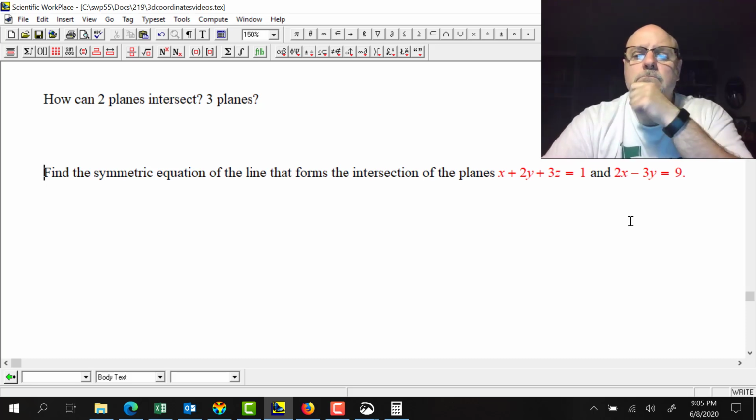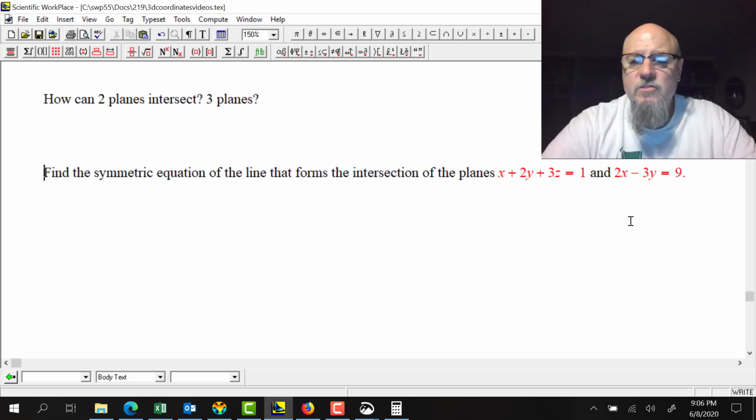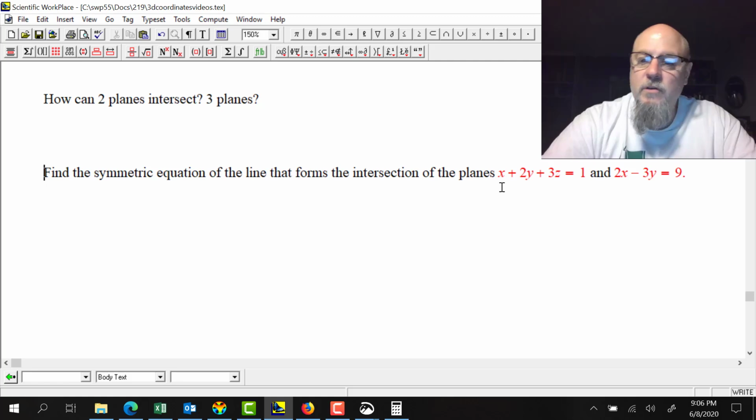Well, if we were doing this algebraically, we would do an intersection, with some kind of elimination, or solve this equation for x and substitute it into here. But we've got two equations, three unknowns. So I can pick an unknown.